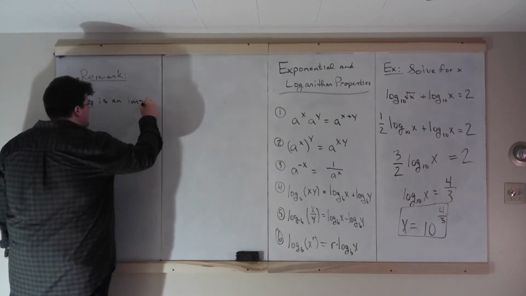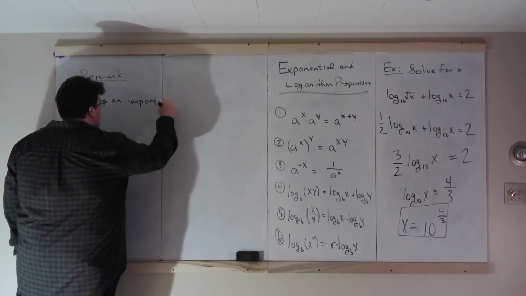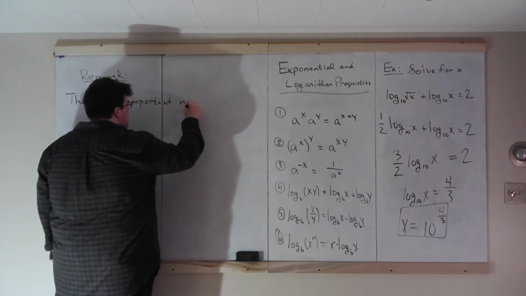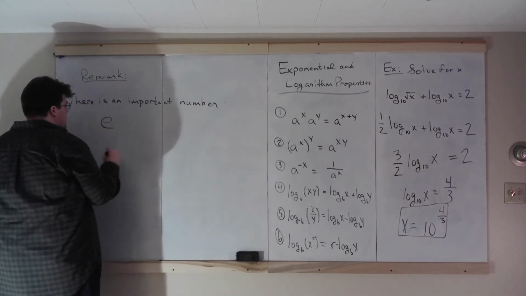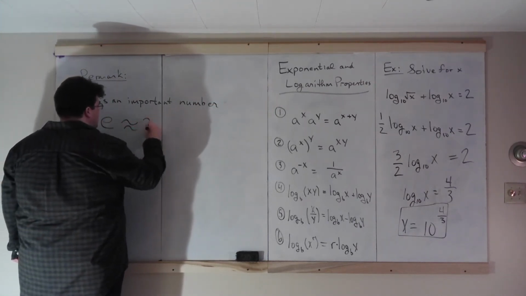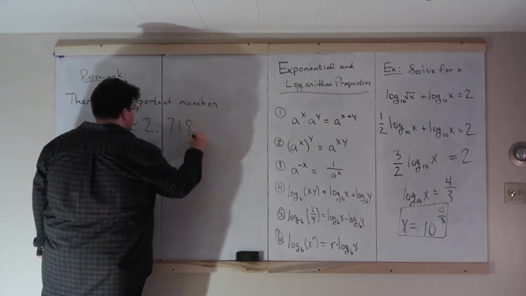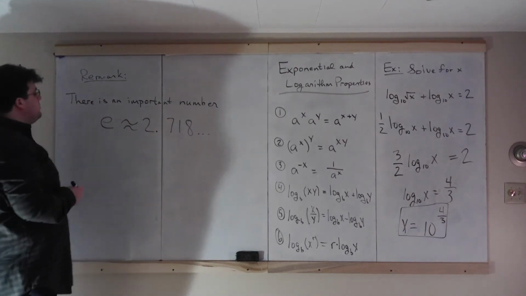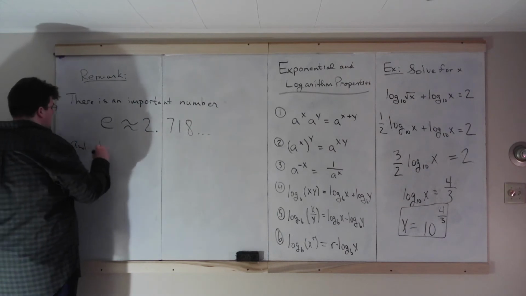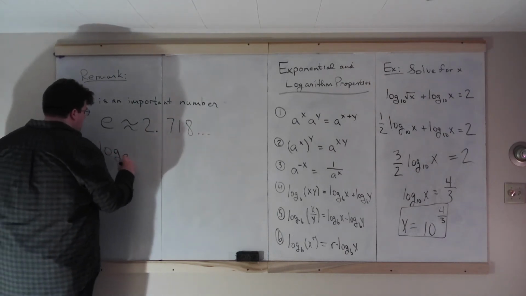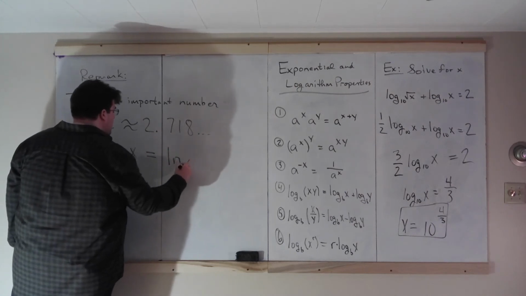So I'll just say as a remark, there is an important number e, lowercase e, which is approximately equal to 2.718, and so on. Logarithm with base e is abbreviated as ln of x.